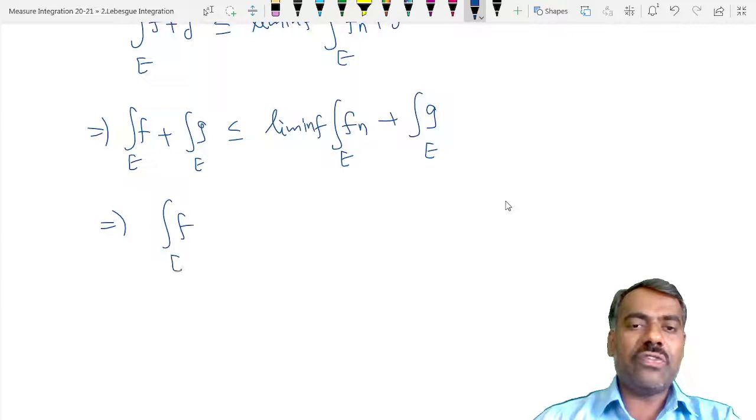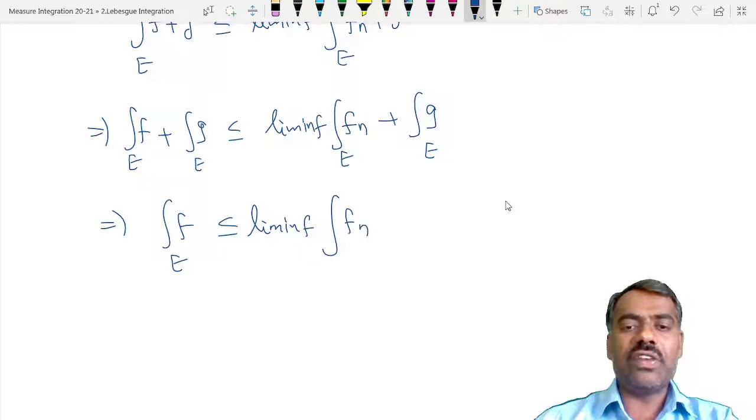So the integral of f over E is less than or equal to the lim inf of the integral of fn over E, right?